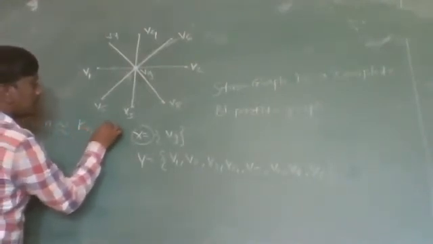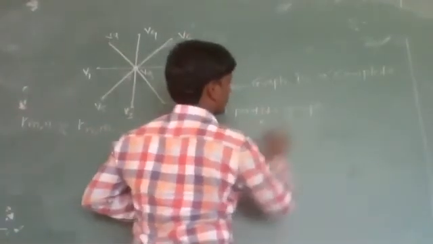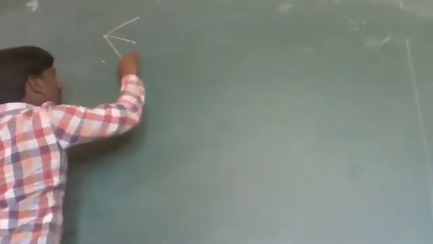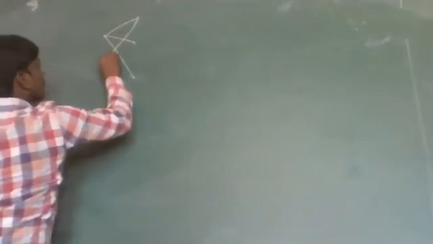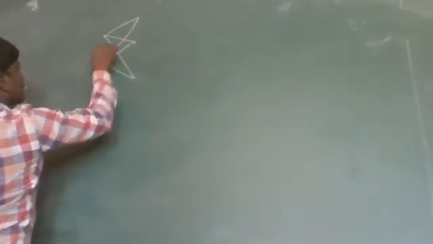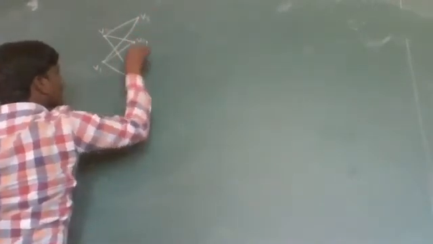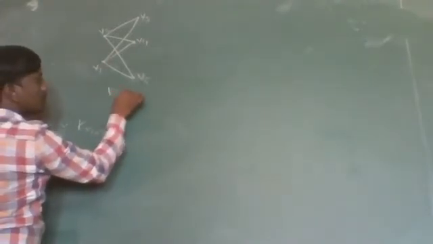Now, every complete bipartite graph K(m,n) is isomorphic to K(n,m). Let us check. This one is K23.